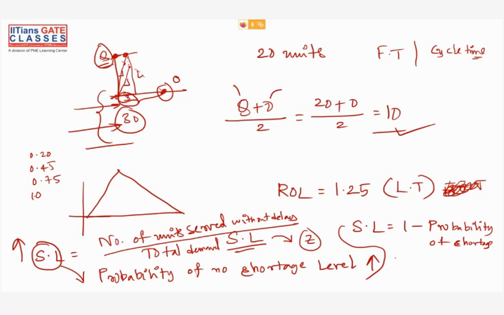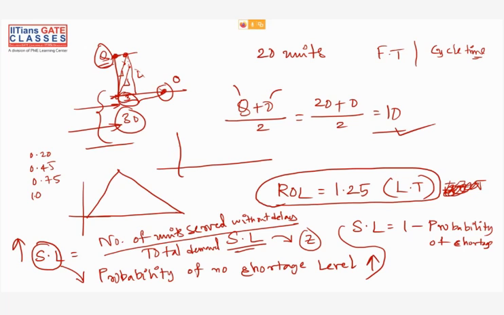So in this case, your ROL is 1.25 times the lead time. It means that in this case your ROL is here, lead time is this, and this is your demand rate, right?